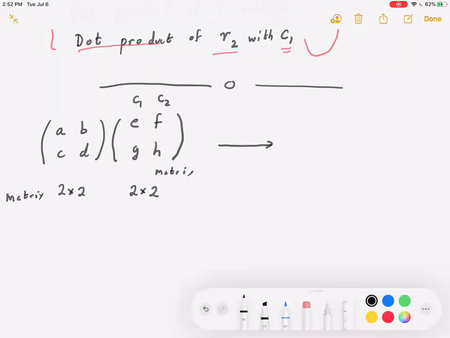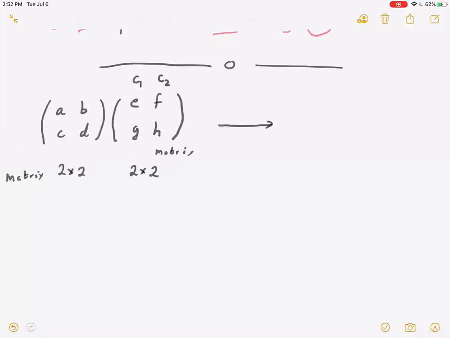Namely, if I were to just consider column 1 of the second matrix and look at matrix multiplication with it, with the first matrix, using the idea of linear combinations, I would get E times (A, C) plus G times (B, D).